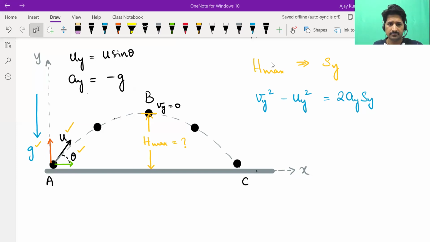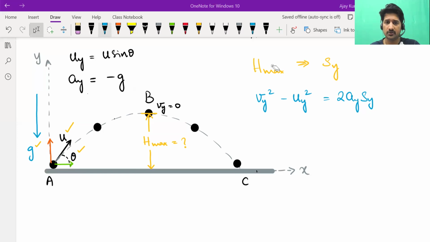Nishita, any answer for Hmax? Okay, anyone? Did you get any answer for Hmax? This is easy only, no?